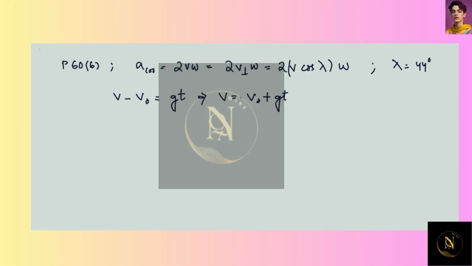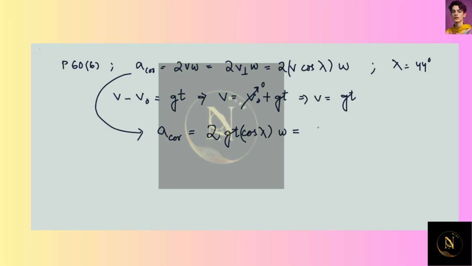Assuming the ball starts from rest, v naught goes to 0 and we get v equal to g times t. We can substitute this expression of v into this equation and we get the Coriolis acceleration to be equal to twice of gt cos lambda times omega.